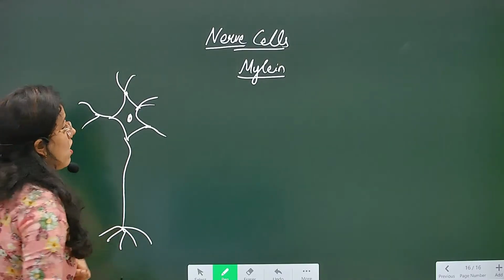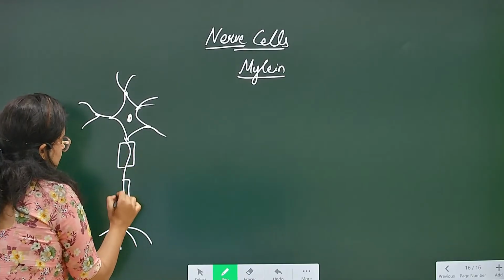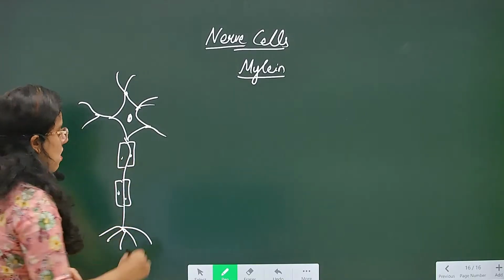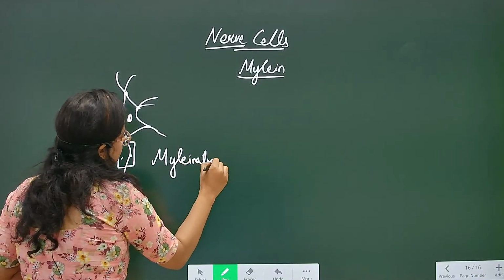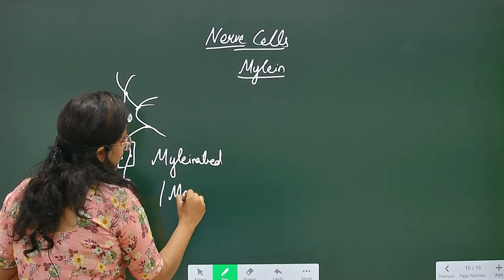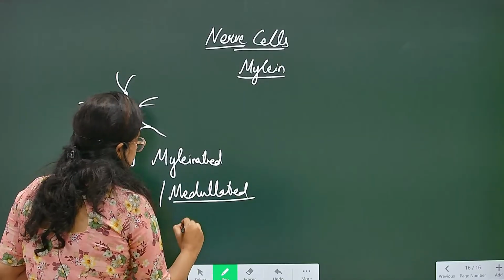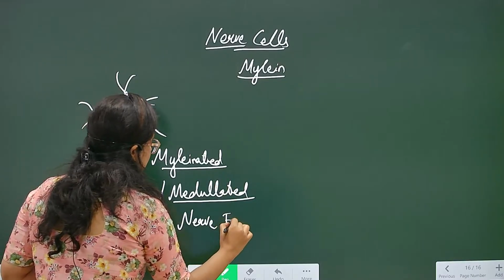If myelin is present, the nerve fibers appear white in color. Then they are called myelinated or medullated. In your books it is written as medullated nerve fibers. It can also be called myelinated nerve fibers.